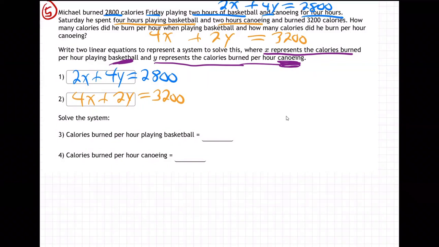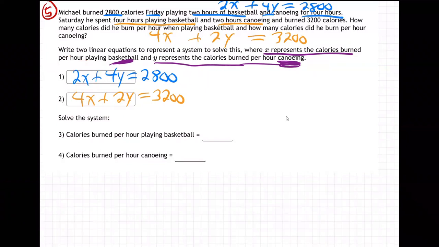So I can make this right here. If I multiply it by -2, then it'll become a -4X, which is the opposite of +4X, and those will cancel. Tracking with me? So that's my plan.